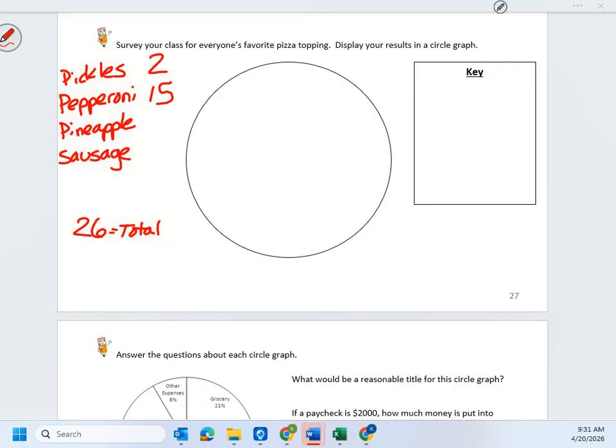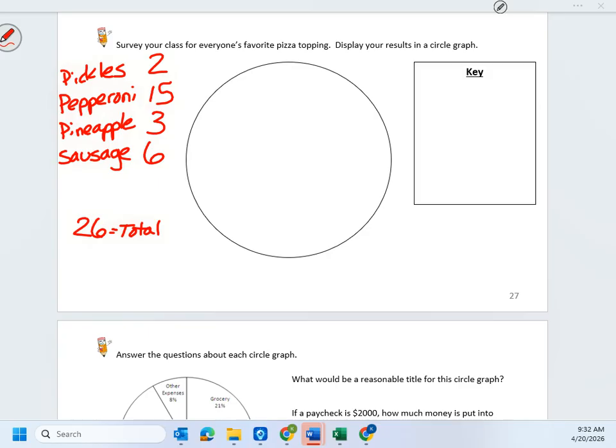How many choose pineapple? 1, 2, 3. How many choose sausage? 1, 2, 3, 4, 5, 6. So let's see. 15, 16, 17, 18, 19, 20, 26.